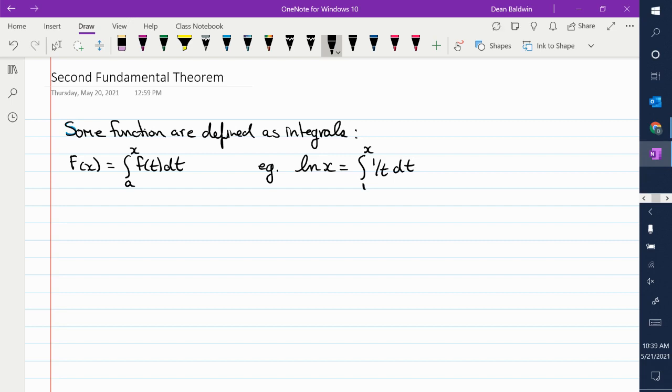So what does that mean? It means the natural log is defined as the area under the curve of 1 over t, which I'll show you the graph in a sec here, from 1 to whatever x is. Okay? So the graph of 1 over t, 1 over x, whatever you want to call it, has a vertical asymptote at 0, right?